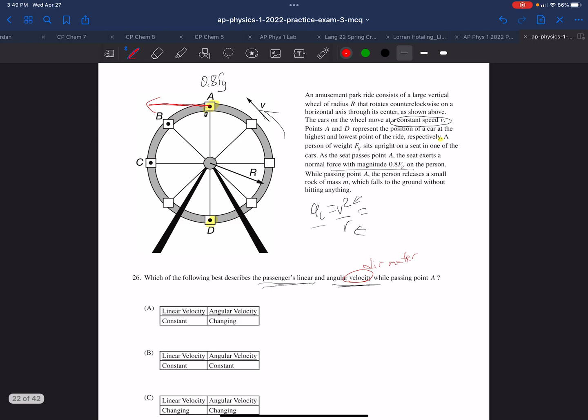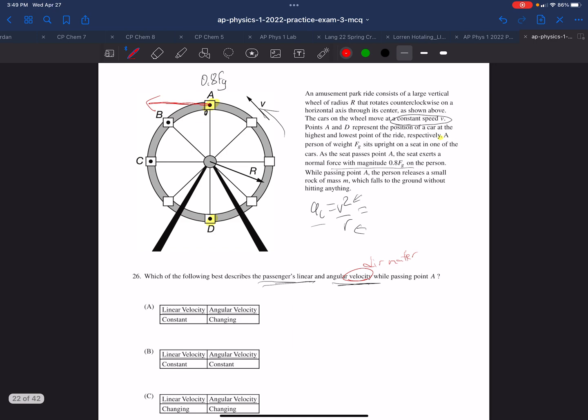All right, and the angular velocity, which would be omega, has... the linear velocity has a magnitude, and a direction. The magnitude remains the same, but the direction changes, which suggests then that the velocity is changing.